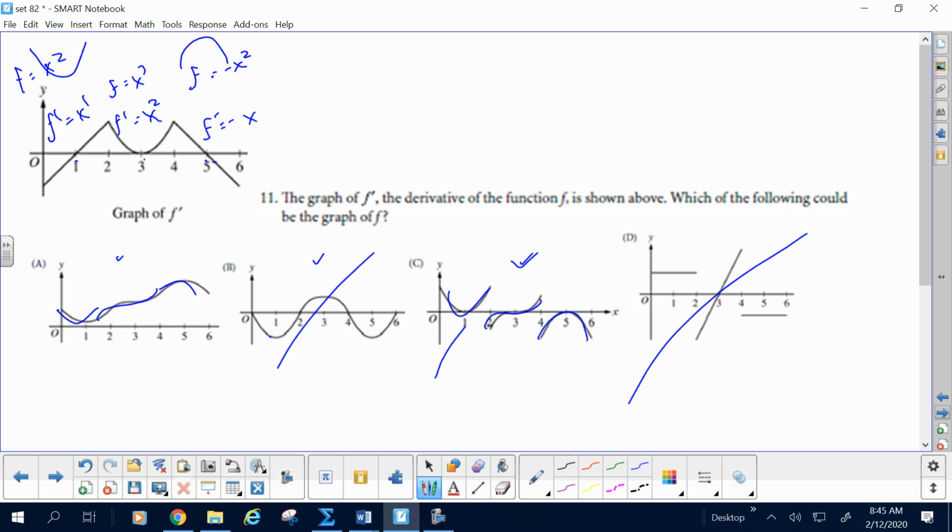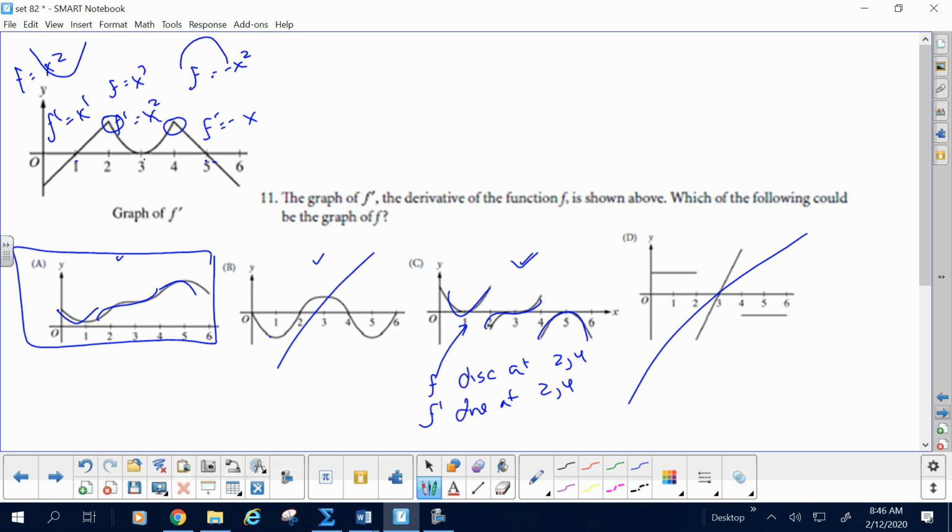Okay, this cannot be f because it's discontinuous at 2 and 4, right? Which means f prime does not exist at 2 and 4, and yet obviously f prime does exist there. Those are points there. So it is A.